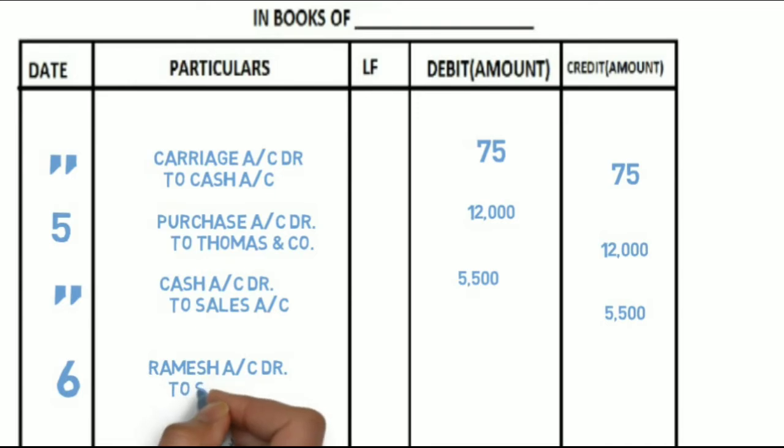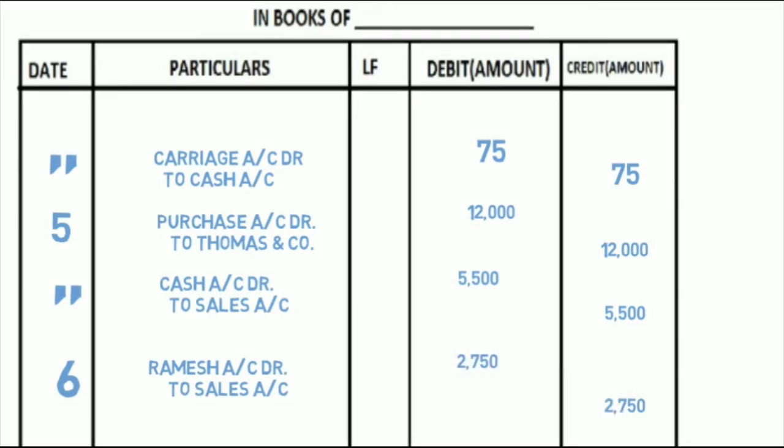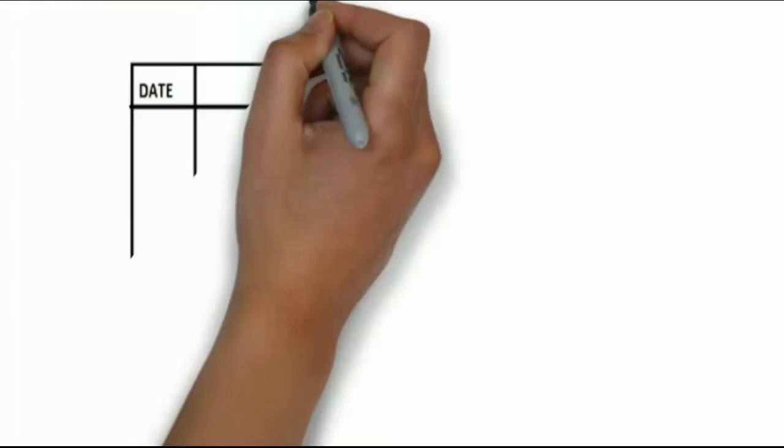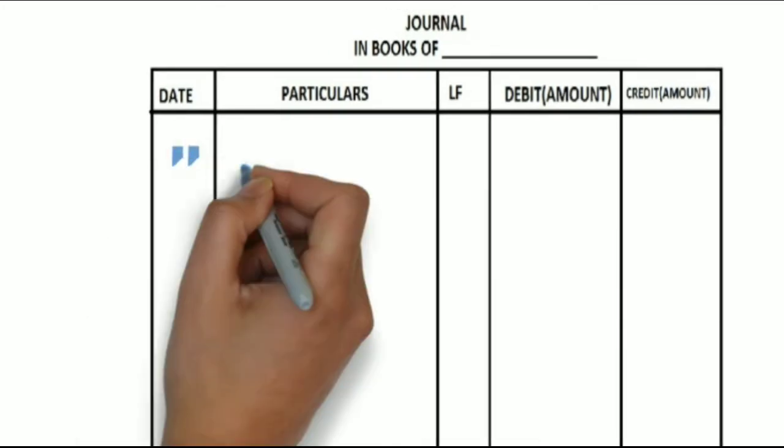So our debtor has been increased and we got income and our income has also been increased. So debtor, which is Ramesh. So debit Ramesh. Ramesh account debit to sales account 2,750.